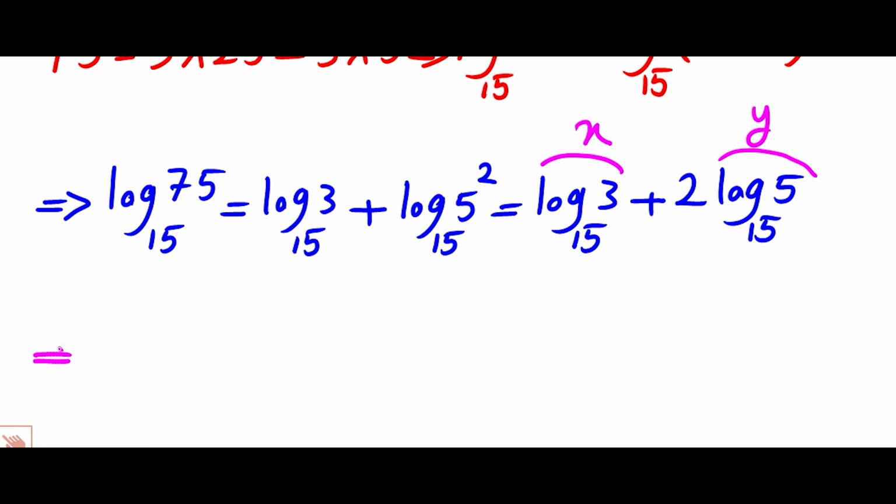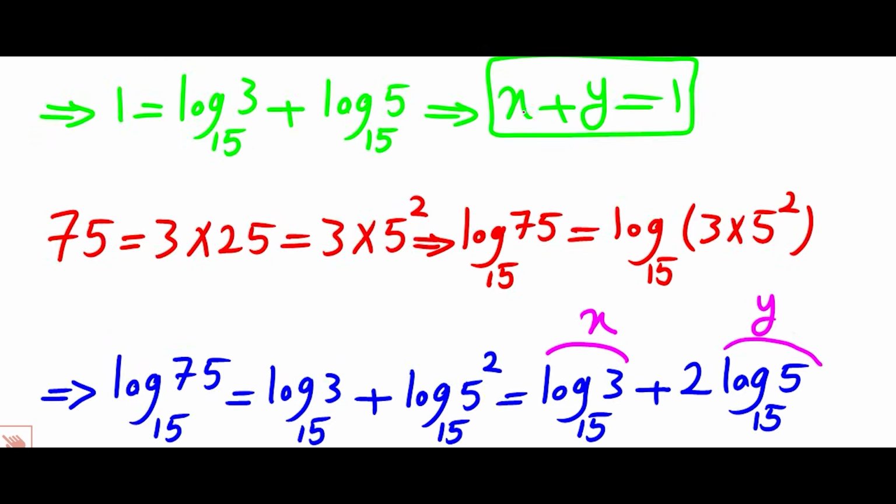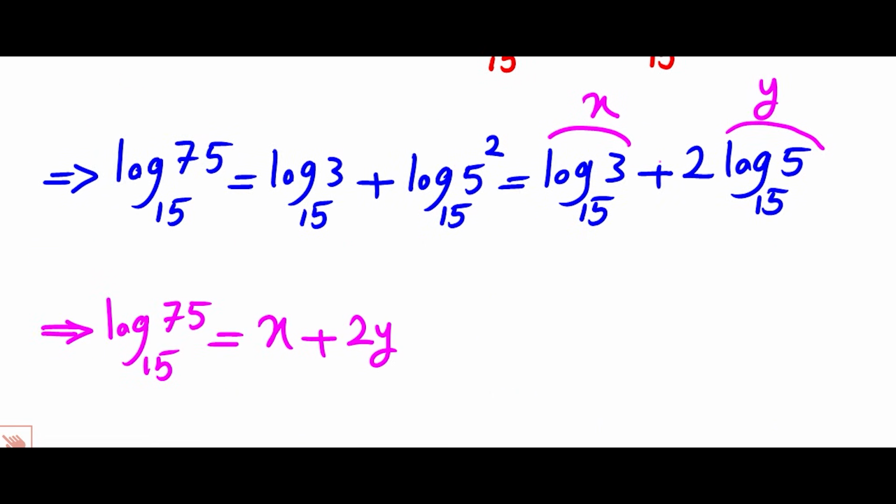So log base 15 of 75 equals x plus 2y, and we know that x plus y equals 1. So we have x plus y plus y. x plus y is 1, so we have 1 plus y.